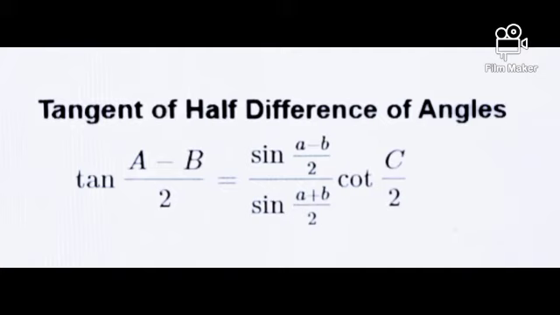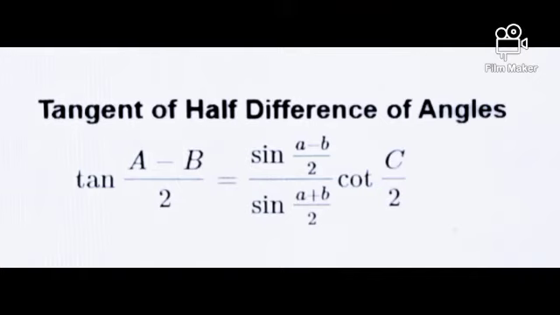Again, in this equation, angles A and B are considered, and the third angle is angle capital C. And by Napier's analogy, the tangent of half the difference, A minus B over 2, is equal to the ratio of sine of small a minus small b over 2, where small a and small b are the sides opposite the angles capital A and capital B, over sine of half the sum of the two sides opposite angles A and B, small a plus small b over 2, multiplied by cotangent of half the third angle, which is angle C.